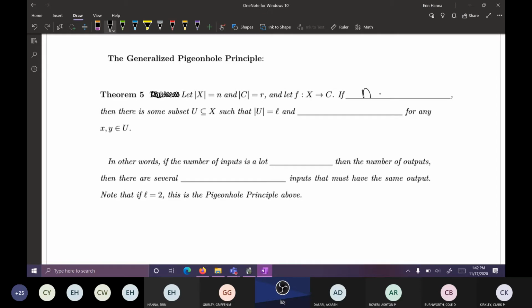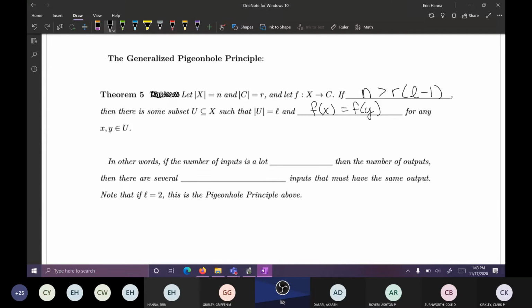Now we're going to say if n is greater than r times l minus 1, then there is some subset of the inputs such that the size of that subset is L. So we're essentially saying that there's a subset of L elements, and f of x equals f of y for any elements in that subset.